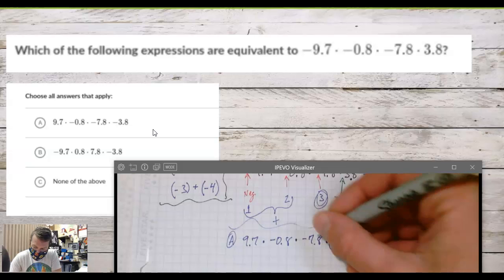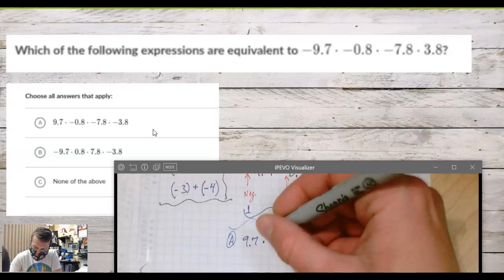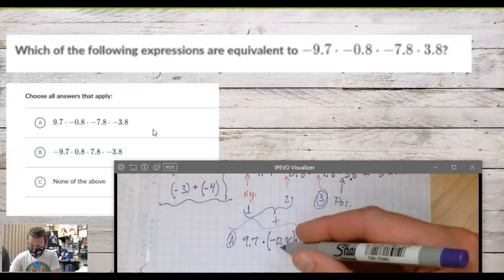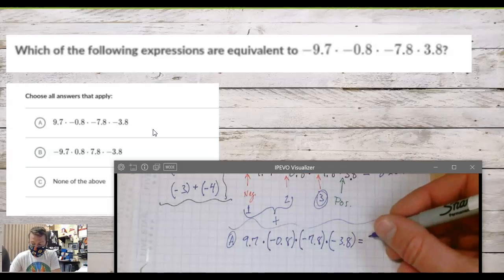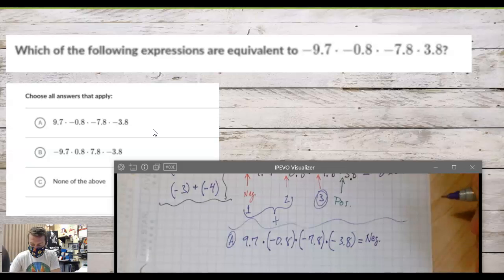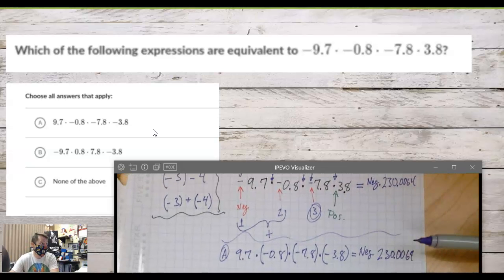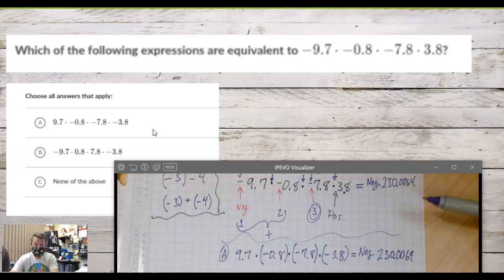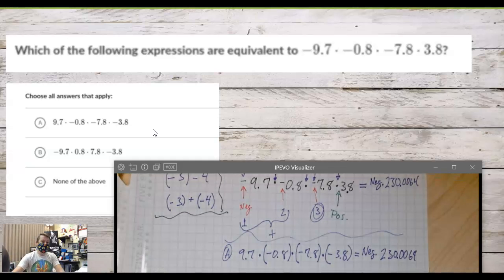And really, we could put all these in parentheses if we want to clean it up. Three negatives will give me a negative answer. And if I multiply these numbers together, I'm going to get the same answer I just had of negative 230.0064. So A actually is an option there because there are also three negatives.